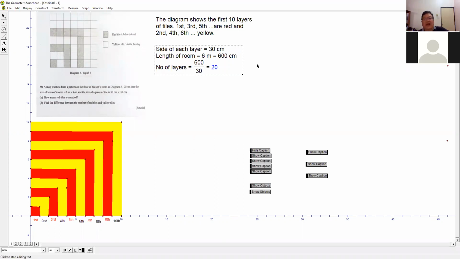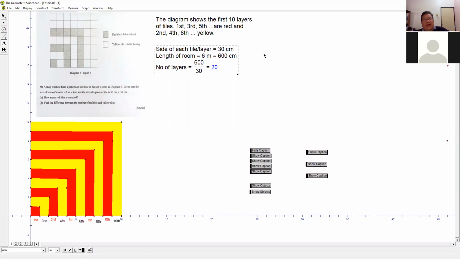The side of each tile is 30 cm. This is the side, the side of each tile.